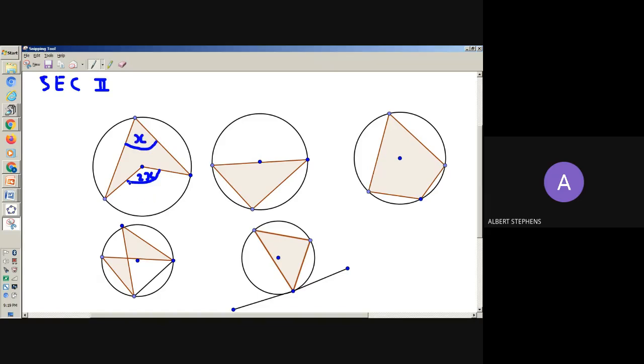So for example, if this was 40 degrees, and you see this shape, what is the center going to be? It's going to be twice, right? It's going to be 80. And the reason for that, listen carefully, is the angle at the center of a circle is twice the angle standing on the same arc.